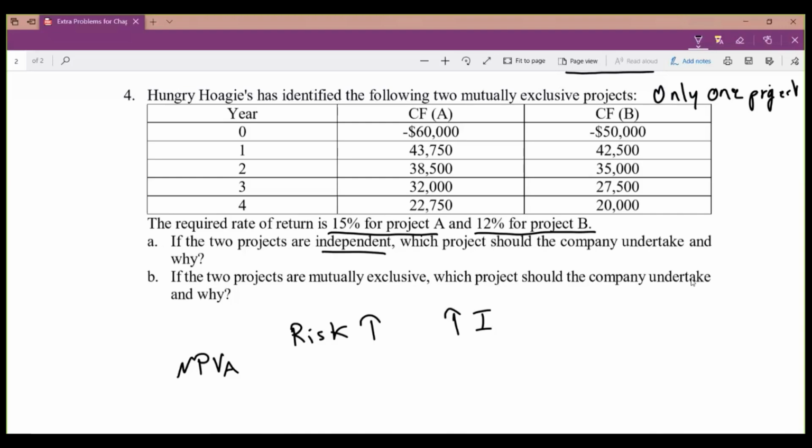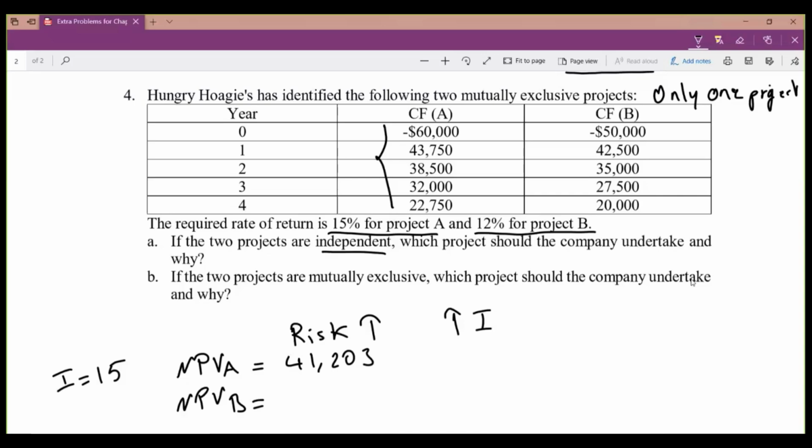NPV for A and NPV for B. So to compute the NPV of A, I enter all of those cash flows into my financial calculator and I use I equals 15 and then I compute the NPV. The NPV for project A is $41,203.